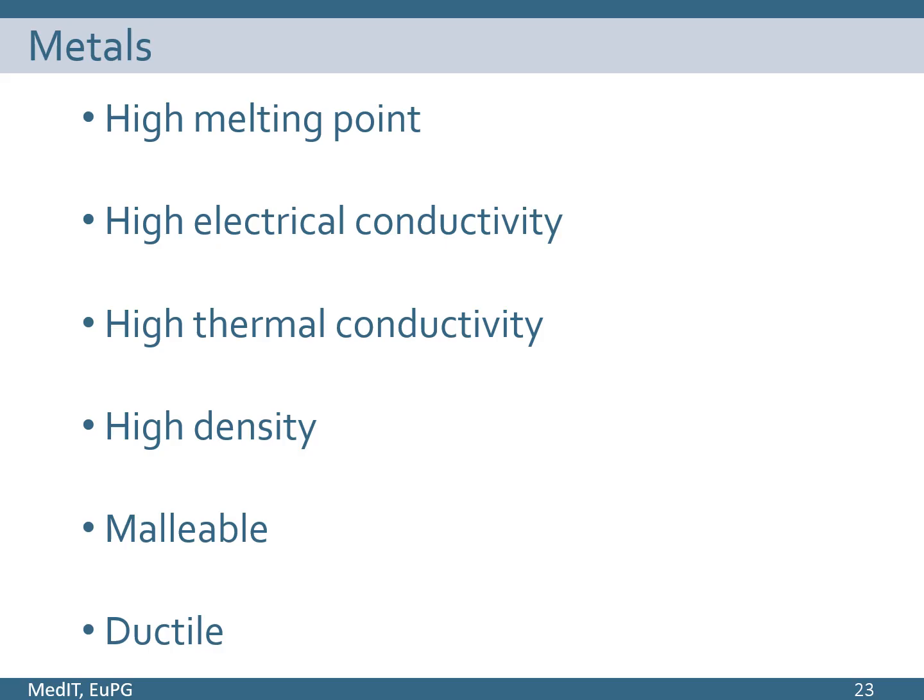Next question, why do metals conduct heat so well? This one is a bit less obvious. So to understand it, we first need to understand what heat is. Heat is motion, agitation. Within a material, the more the atoms are agitated and moving, the higher the temperature and the more heat is stored in the material.